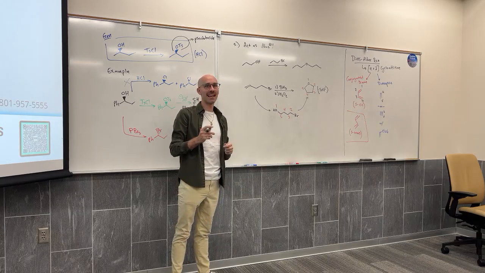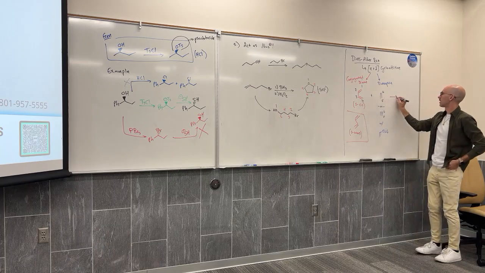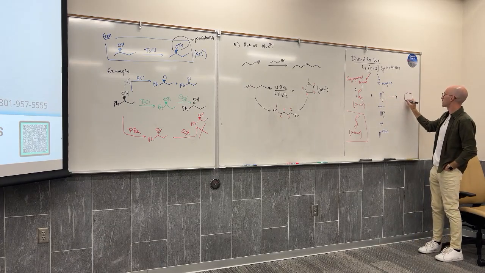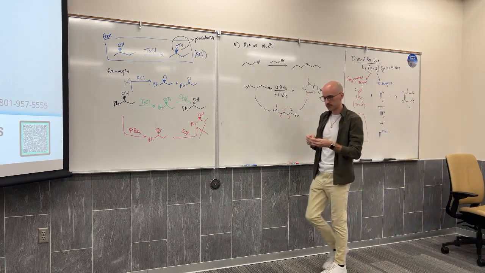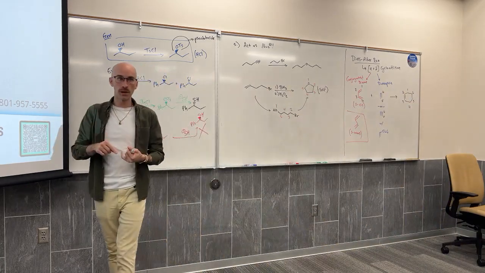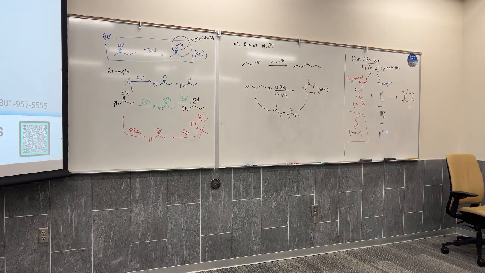And like the name says, this cycloaddition gives us a ring in the product. A ring with size 4+2. One of the pi bonds is consumed in the reaction, and one of the pi bonds transforms into a ring.